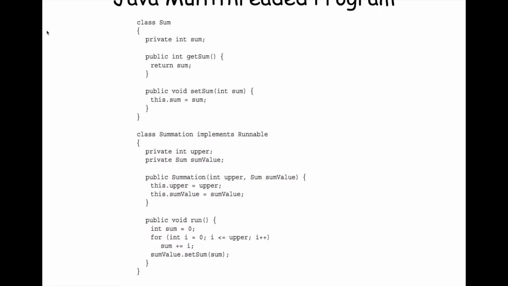So the whole purpose of sum is just to store the resulting value. And in the implementation of the run method, once we're done iterating through that loop, summing together all those terms from 0 up through upper, that integer, we then call set sum, the mutator, on this sum instance, which had been passed in through the constructor. Okay. Any questions about this? Does that make sense? All right.